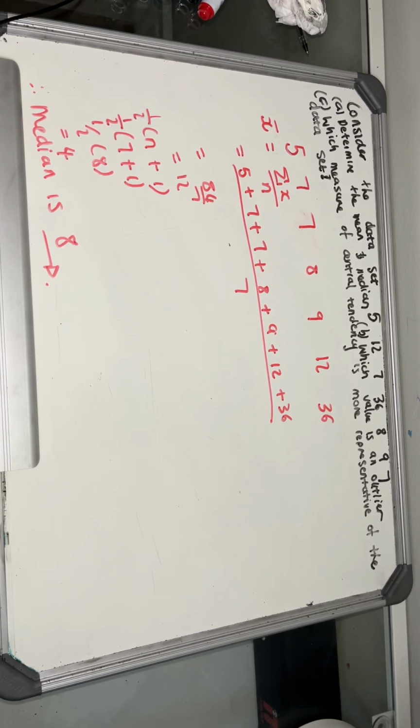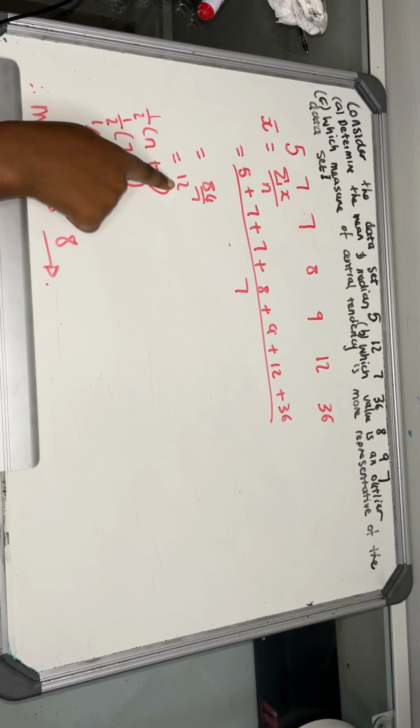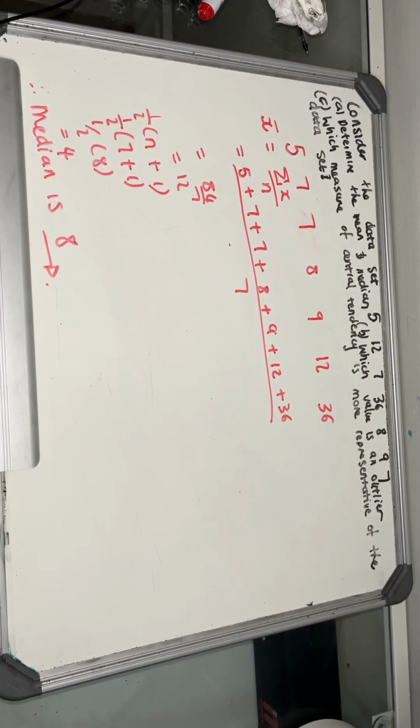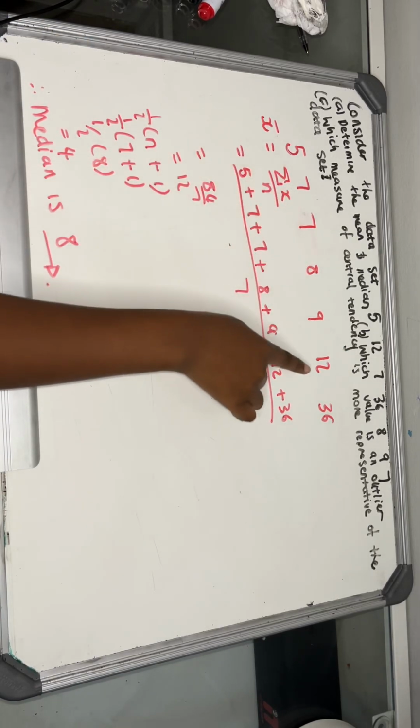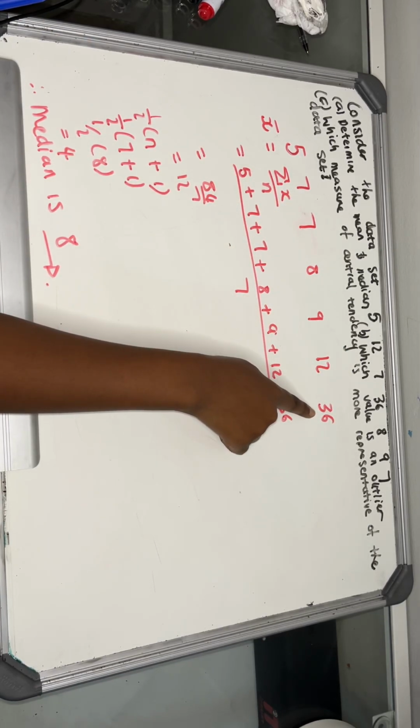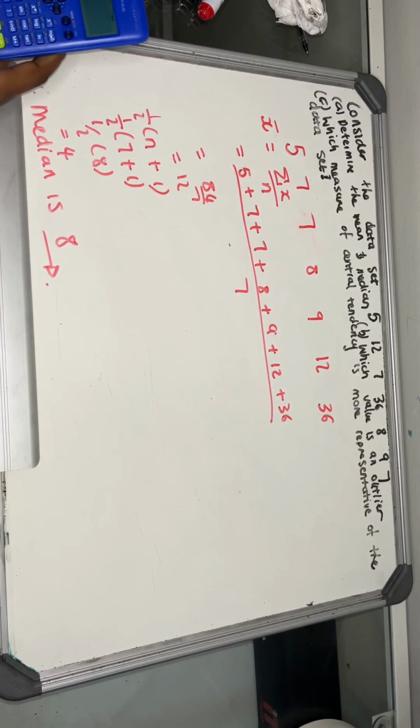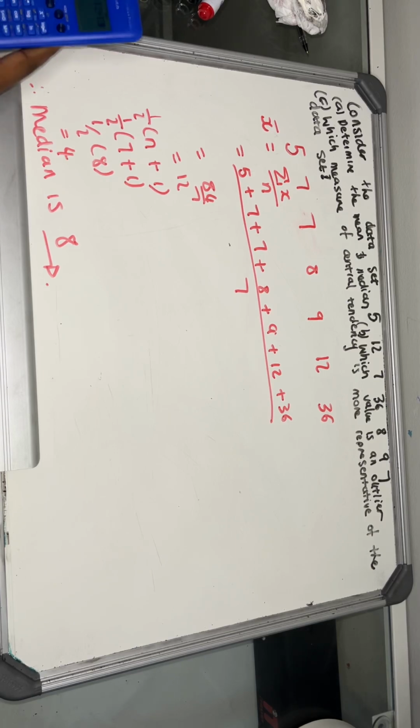Because of the outlier in this data set, the mean is not a good measure of central tendency. If I take my calculator and there's no 36 as an outlier, maybe I'll put 13 here because it's closer to the values. So I'll say 5 plus 7 plus 7 plus 8 plus 9 plus 12 plus 13, all divided by 7.